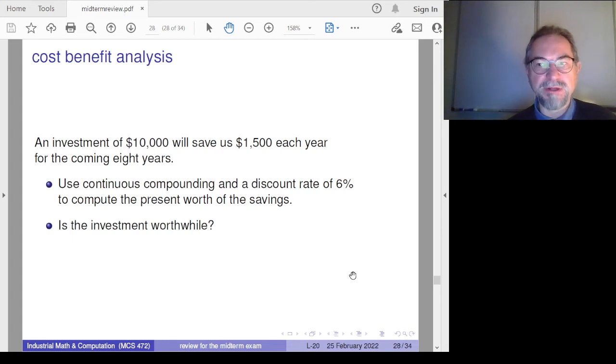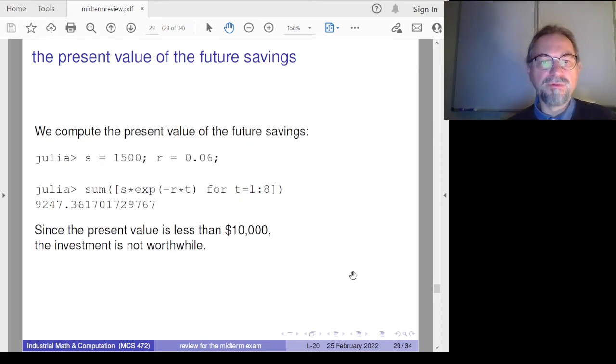That's a sum of money that we will get only after the first year. So the $1,500 should not be counted as $1,500 of today. So we have to compute the present value of the future savings.